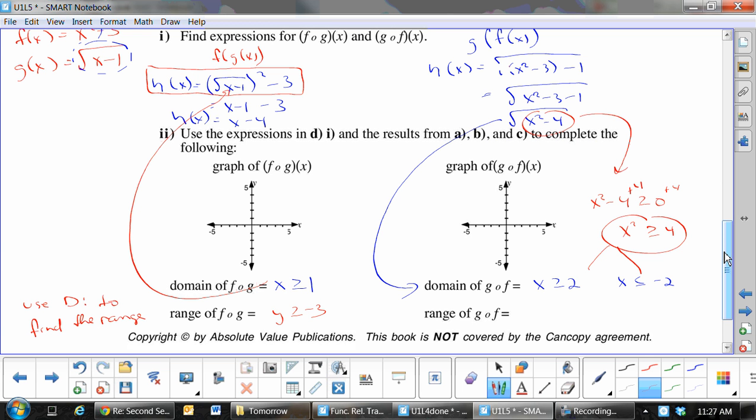What answers am I going to get by putting in 2, 3, 4, 5, 6, negative 2, negative 3? Yeah, y is greater or equal to 0. So I think the greatest challenge you'll have today is sitting down and thinking about those domain and ranges.